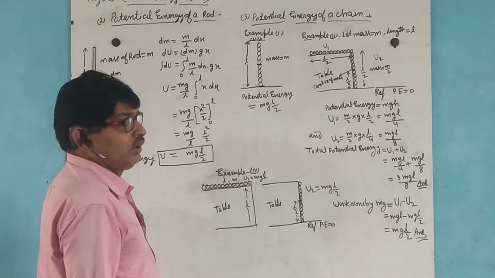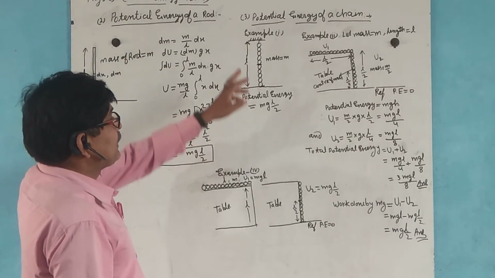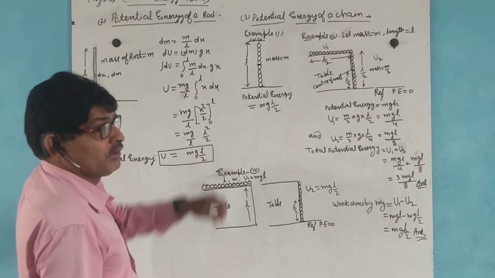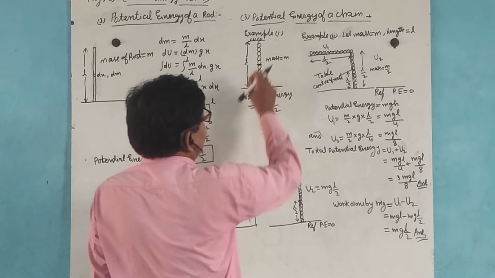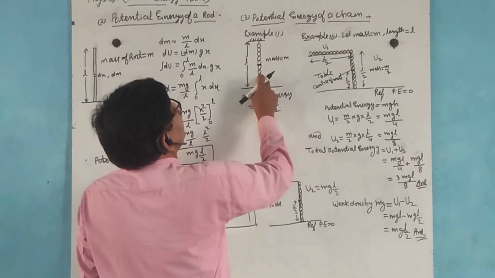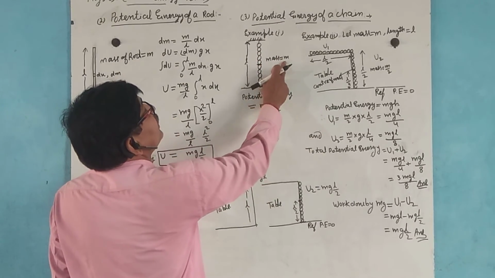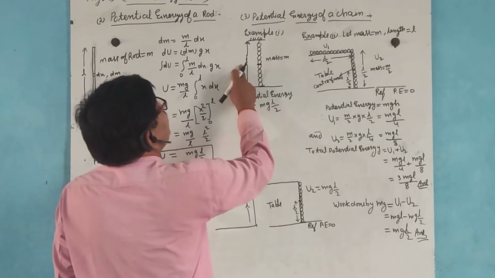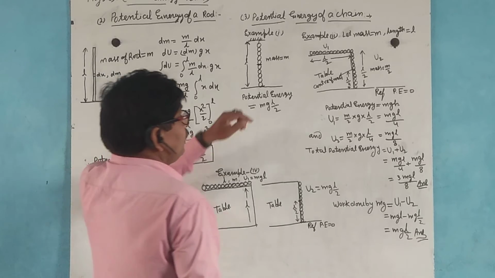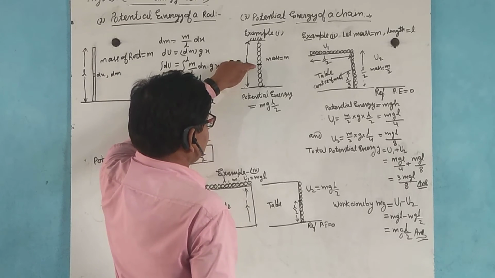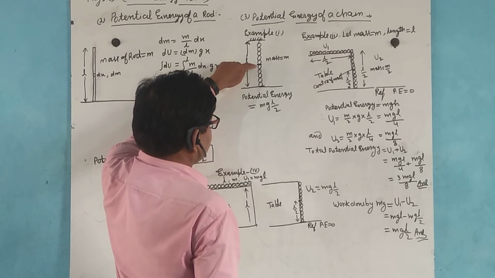Now see another example, potential energy of a chain. Here this was a rod, but this is a chain, attached to each other. Let us suppose that mass of the chain is m and length is L. Now we take the center of mass in the middle, that is here.